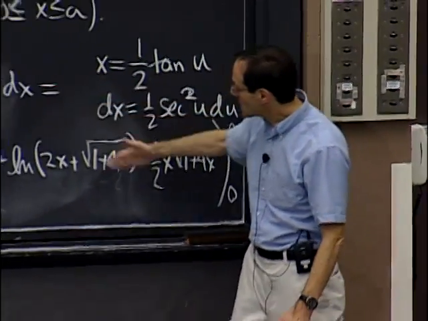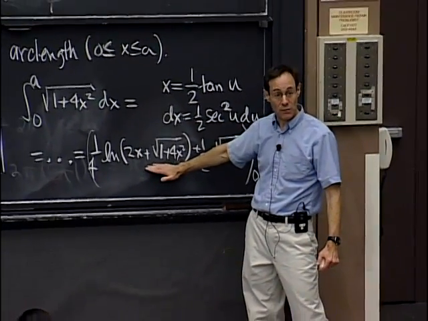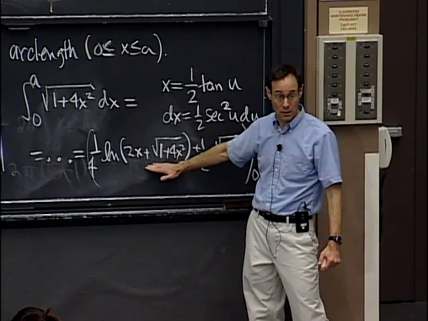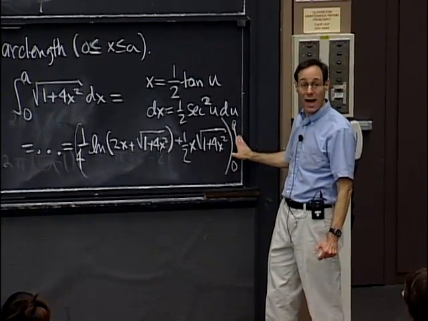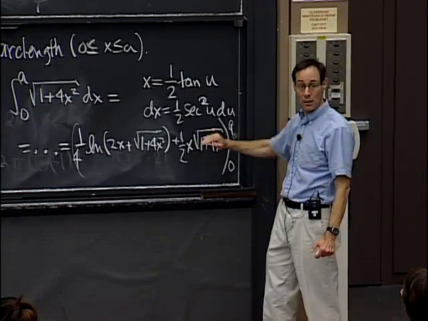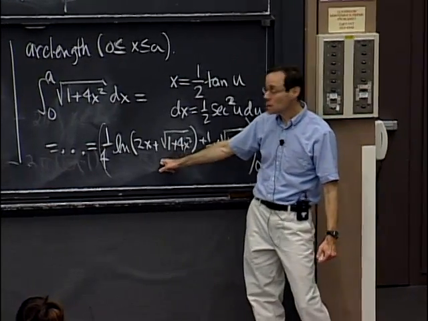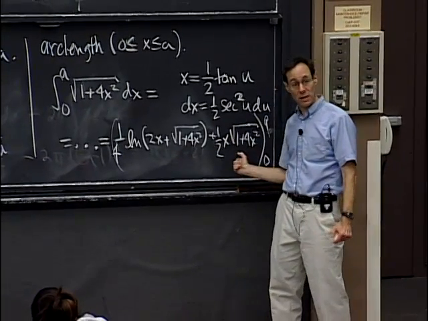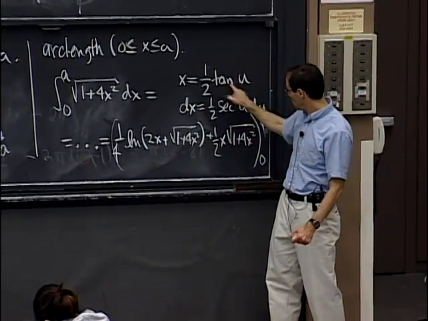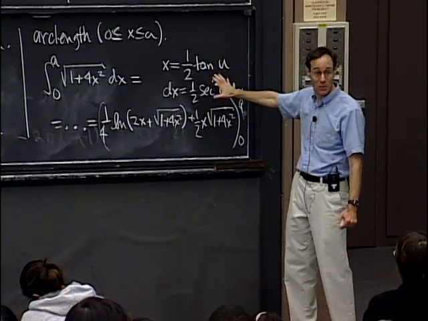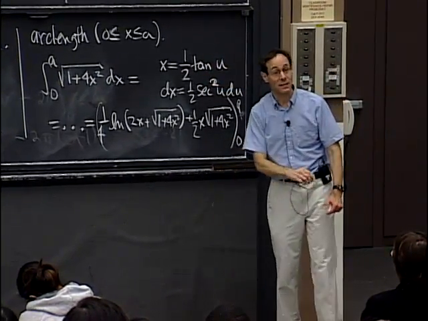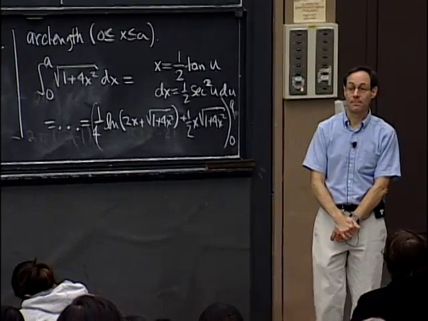But if I then translate back to the x variables, which I've done here in this bottom formula, I have x equals 0 and x equals a. It goes back to those in the original variables. So if I write things in the original variables, I have the original limits. If I use the u variables, I would have to change limits. But I'm not carrying out the integration because I don't want to, so I brought it back to the x formula.